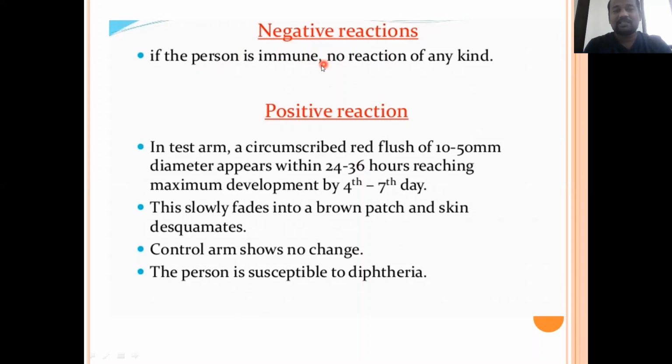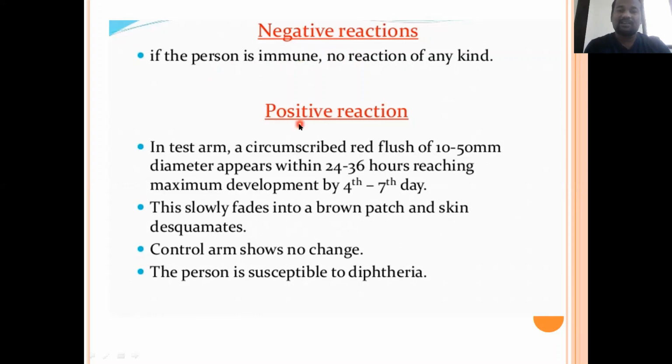If a negative reaction is observed, both arms do not show any hypersensitivity reaction. So that individual does not require any toxoid injection to increase the immune response against Corynebacterium diphtheria. So negative results indicate that the person is immune.